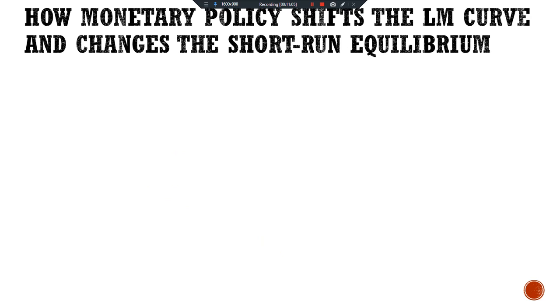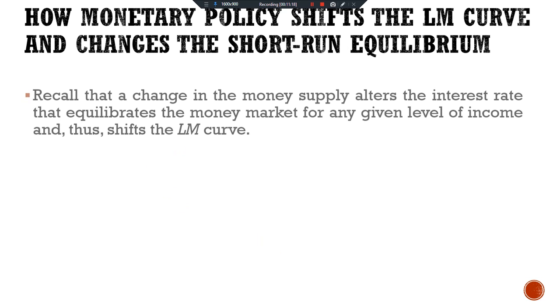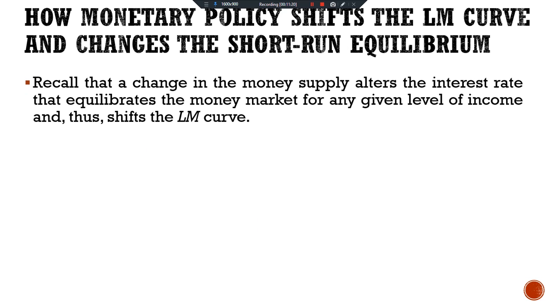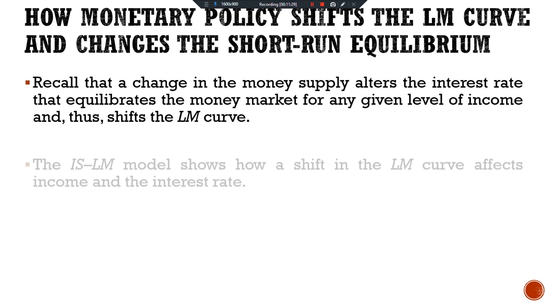Here we have another topic: how monetary policy shifts the LM curve and changes the short-run equilibrium. We now examine the effect of monetary policy. Recall that a change in the money supply alters the interest rate that equilibrates the money market for any given level of income, and thus shifts the LM curve.